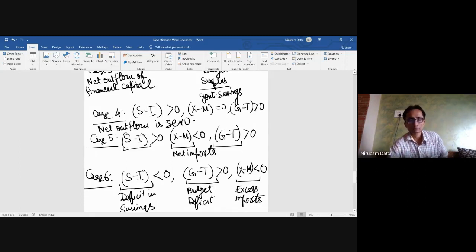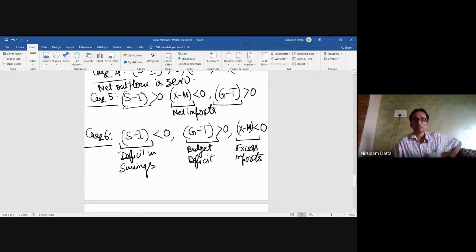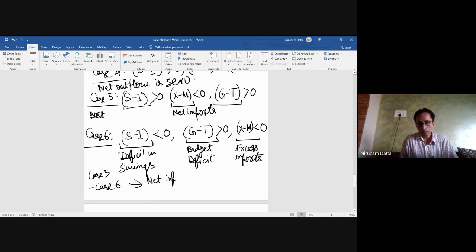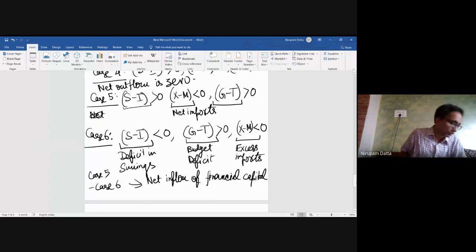Now in case 5 and case 6, when S minus I is greater than 0, G minus T is greater than 0, and X minus M is less than 0, there is a net inflow of financial capital from the rest of the world to India. Okay, so this is how I will put the answer for question number 11.